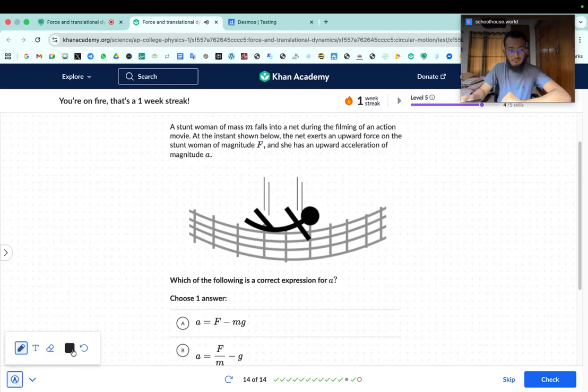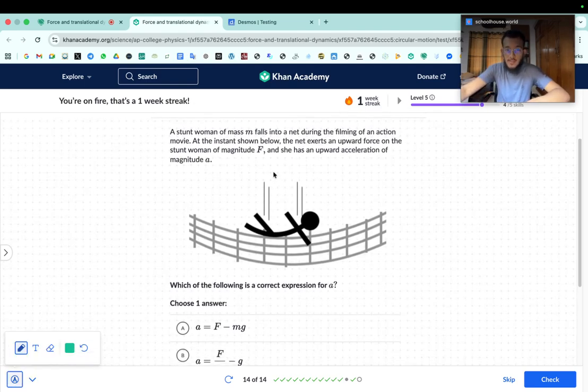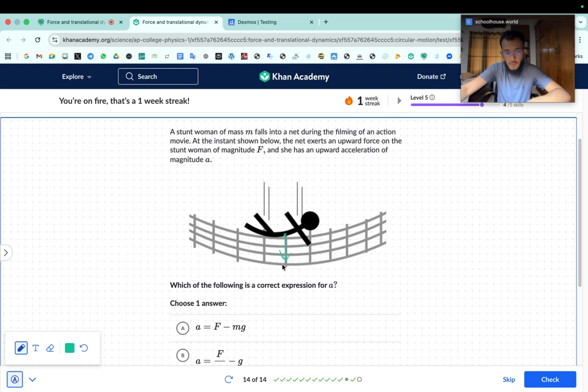Last question. A stuntwoman of mass m falls into the net during the filming of an action movie. At the instant shown below, the net exerts an upward force on the stuntwoman of magnitude F, and she has an upward acceleration of magnitude a. Which of the following is the correct expression for a?